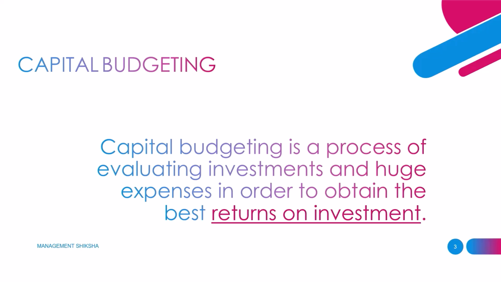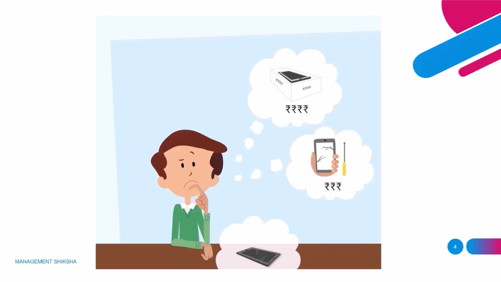Capital budgeting as a concept affects our daily life. Let's look at an example. Your mobile phone has stopped working. Now you have two choices: either buy a new one or get the same mobile repaired.